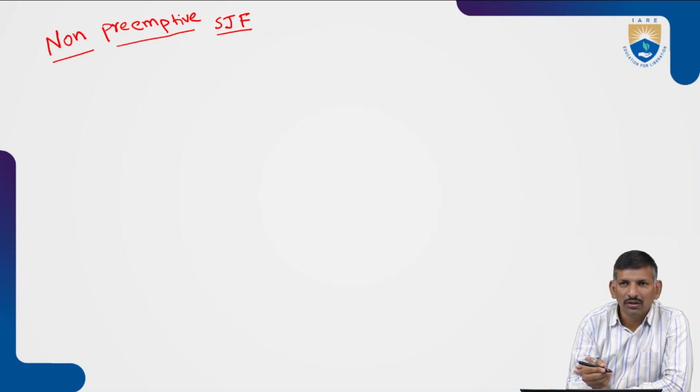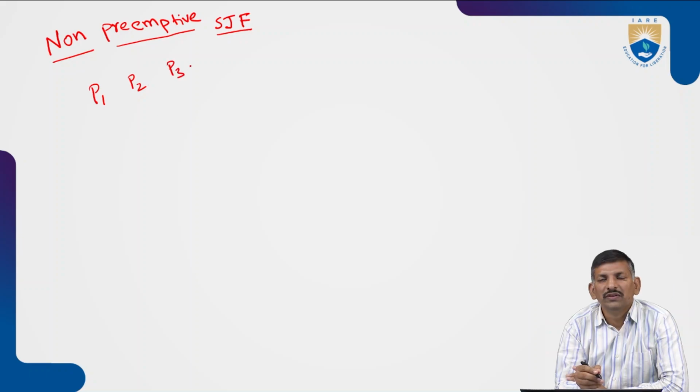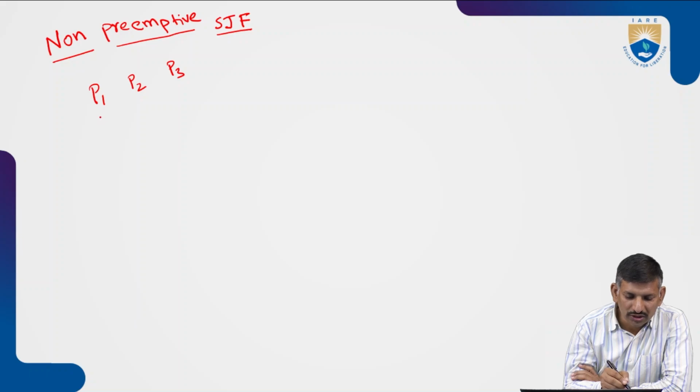Example, I am taking three processes P1, P2, P3 with estimated execution times of 10 milliseconds, 5 milliseconds, and 7 milliseconds.